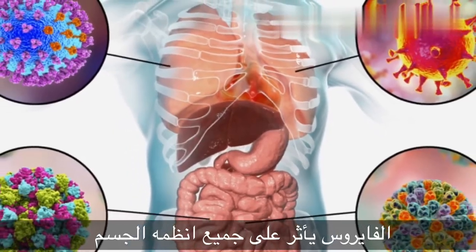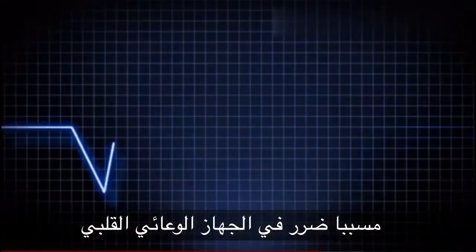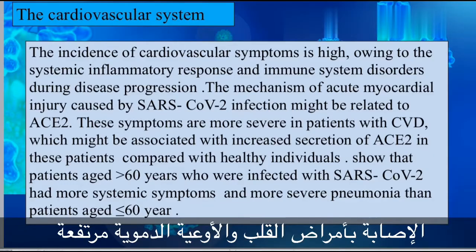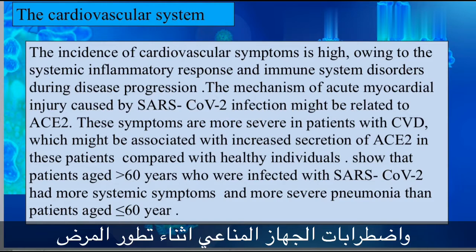The virus affects all the systems in the body and causes damage in the cardiovascular system. In the cardiovascular system, the incidence of cardiovascular symptoms is high, owing to the systemic inflammatory response and immune system disorders.